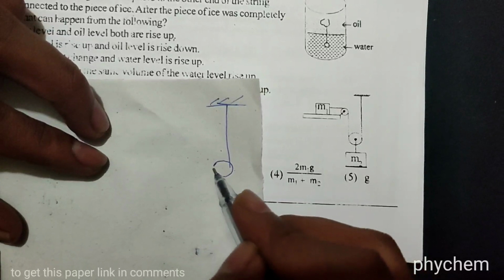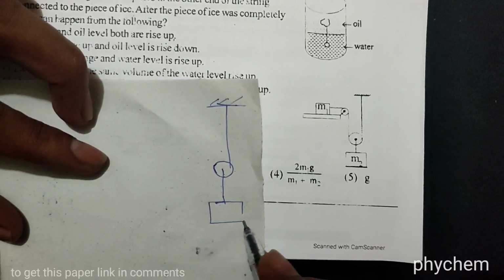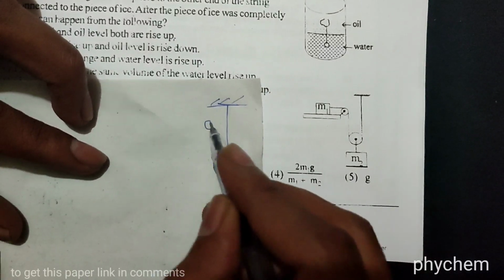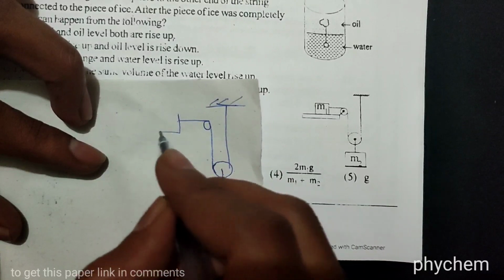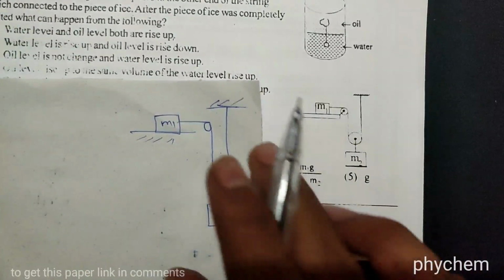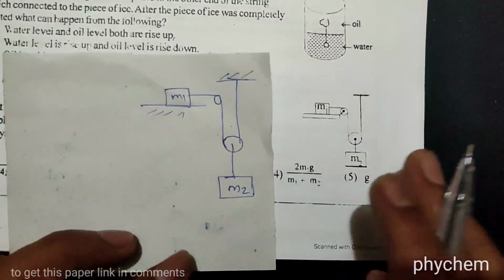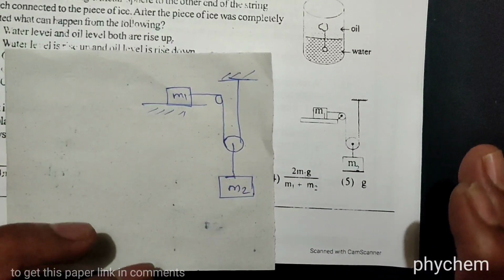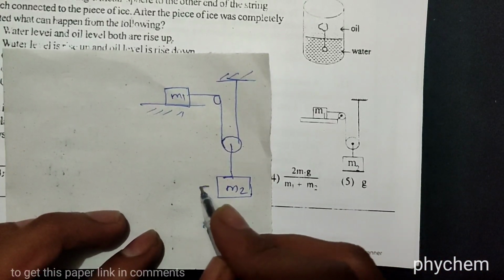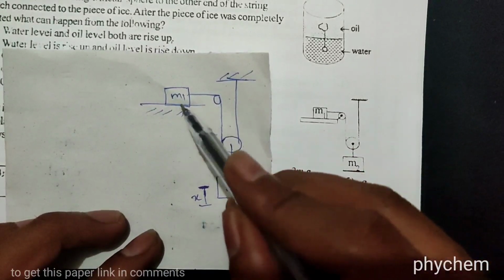Okay, this is the image. This is M2, this is M1. How will the motion be? I'm just asking you, if this mass is displaced by x in the downward direction, what is the displacement of this mass?